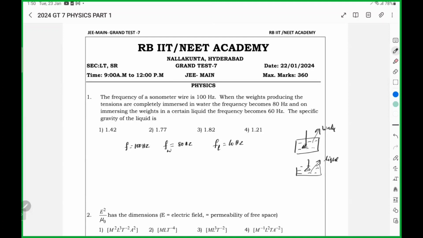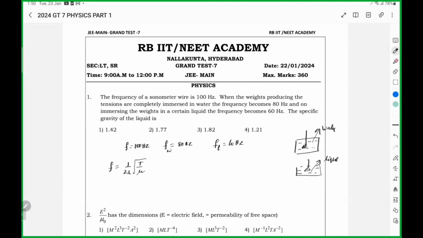In the sonometer experiment, the string is stretched between two fixed points. So whatever vibration is produced in the string, its frequency in fundamental mode we write as 1 by 2L root of T by mu.